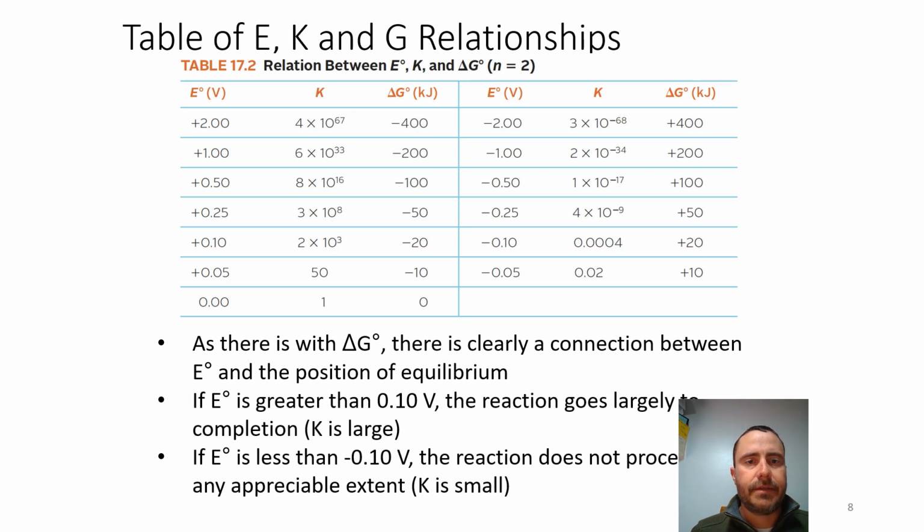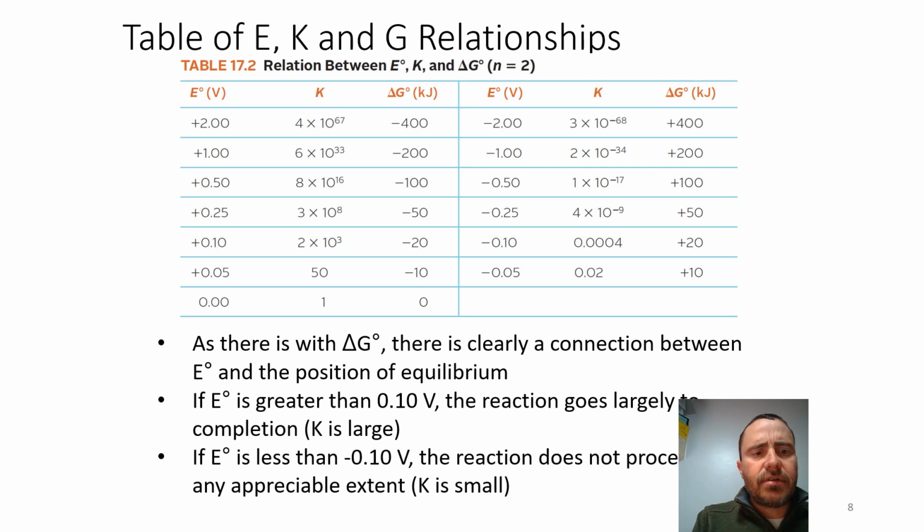We have talked about relating the size of our equilibrium constant to whether we're going to end up with mostly products or mostly reactants once we reach equilibrium. We talked a little bit about this at the very end of chapter 20 with our Gibbs free energy. Same thing, we can do this with our standard voltages. We just need to know that these are not hard and fast rules with exactly these values.